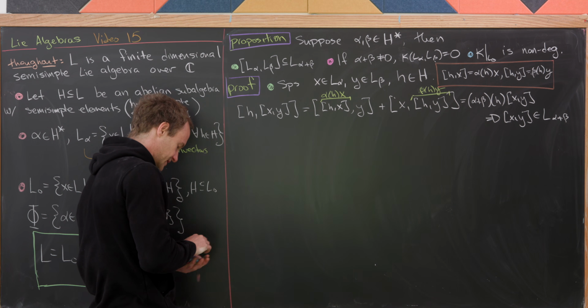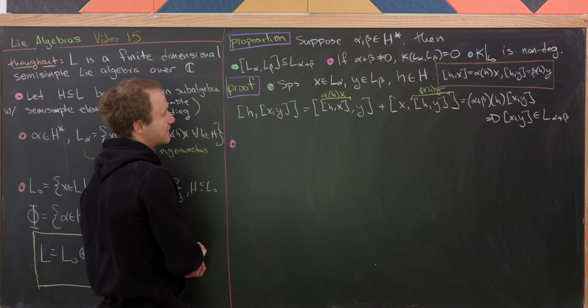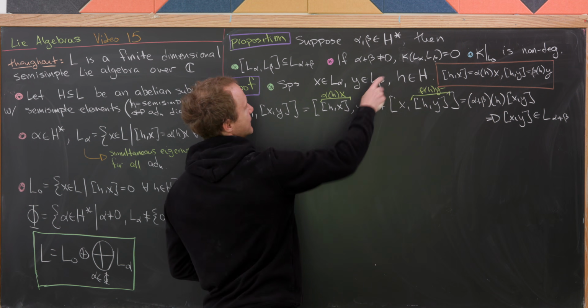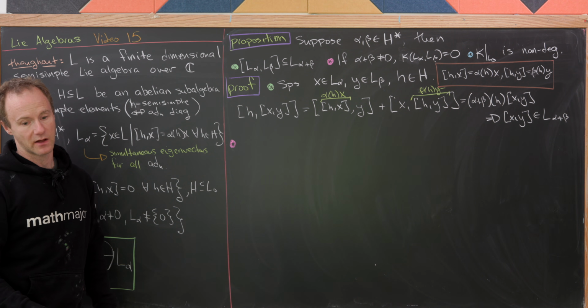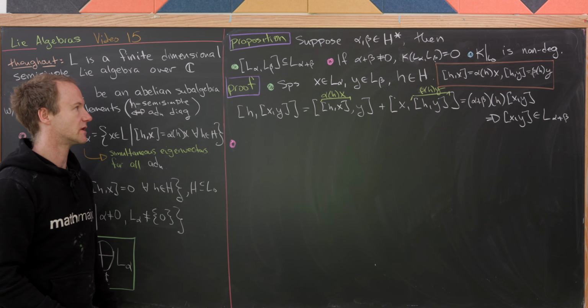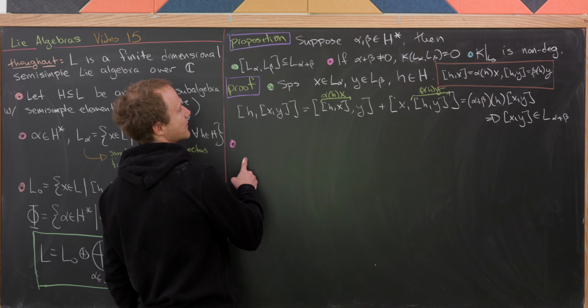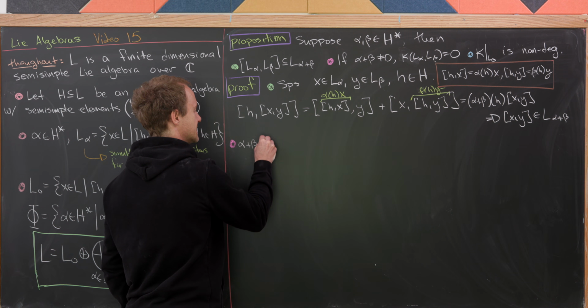Now let's move on to the magenta dot. So what's that saying? Well, that's saying that if you apply kappa to something from L alpha and something from L beta, you get 0, as long as alpha plus beta is non-zero. Okay, so let's see. We're going to start by using this. So alpha plus beta is non-zero.